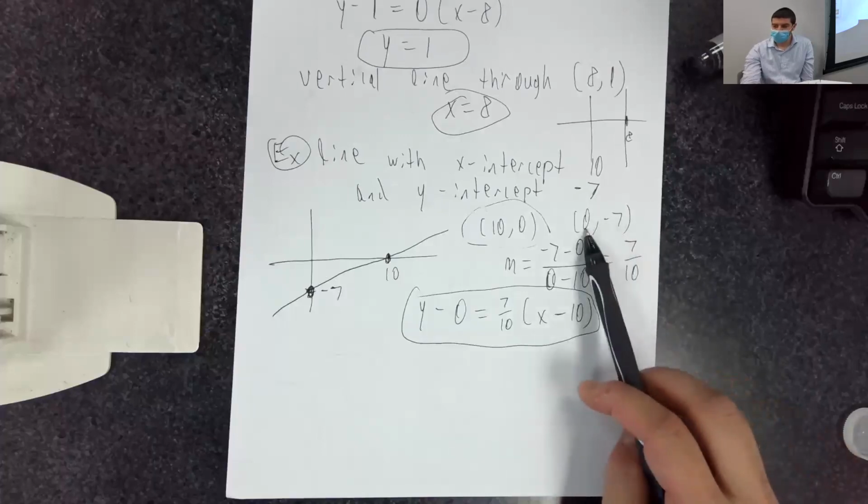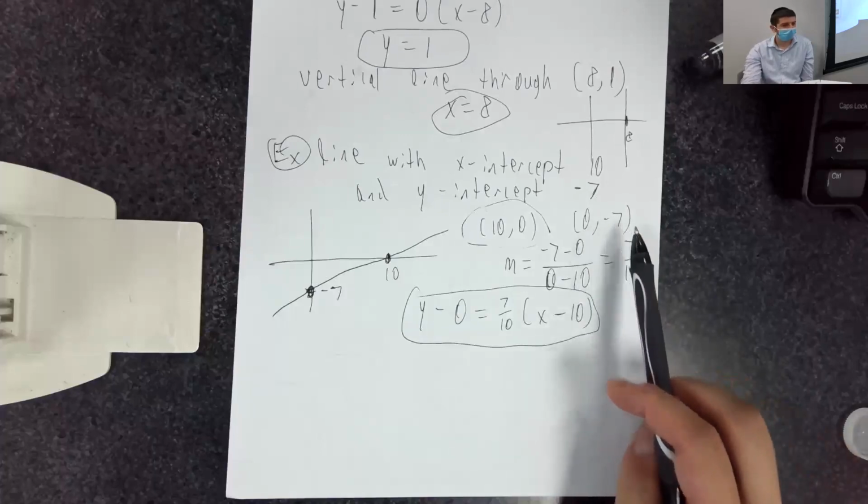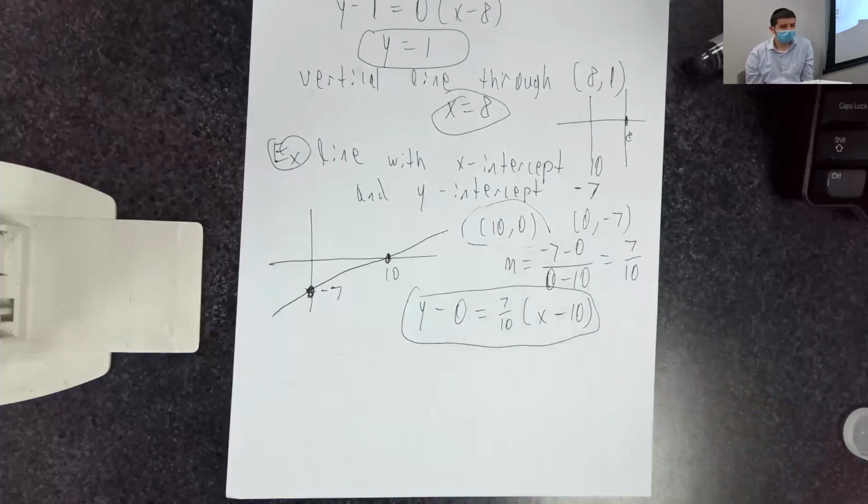Sure enough, if you picked 0 comma -7 as your point, you get the same equation. Might look a little different, but after some algebra, it'll be the same. Okay, any questions on this?